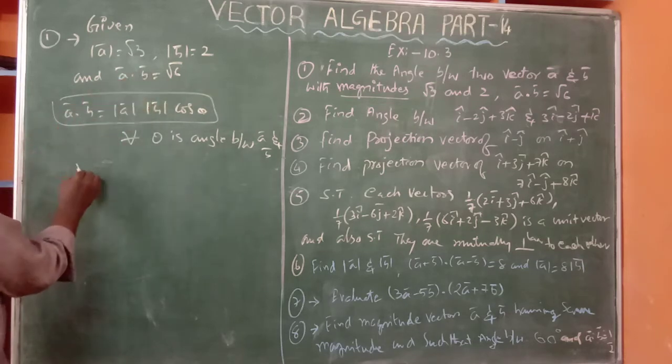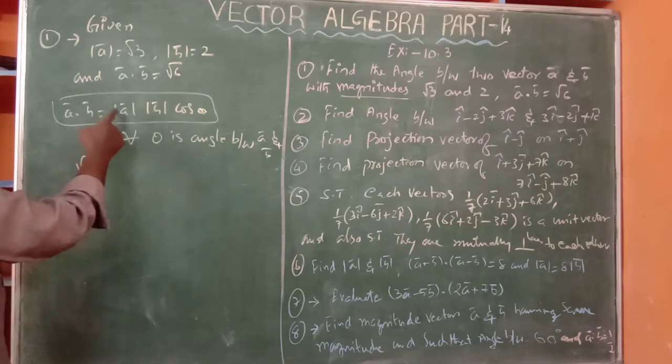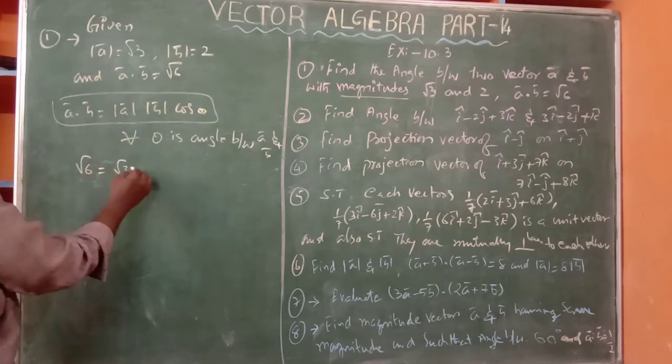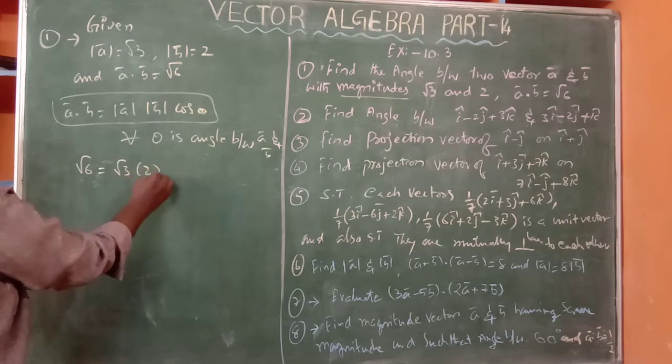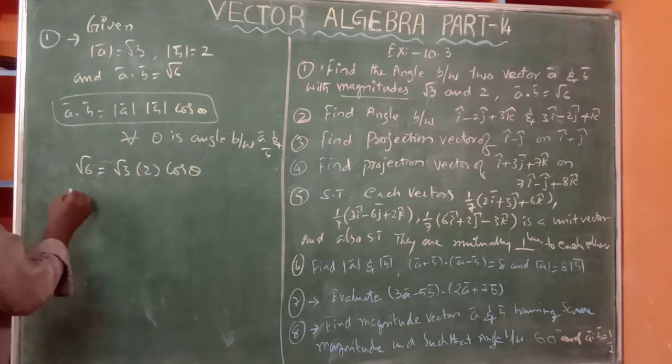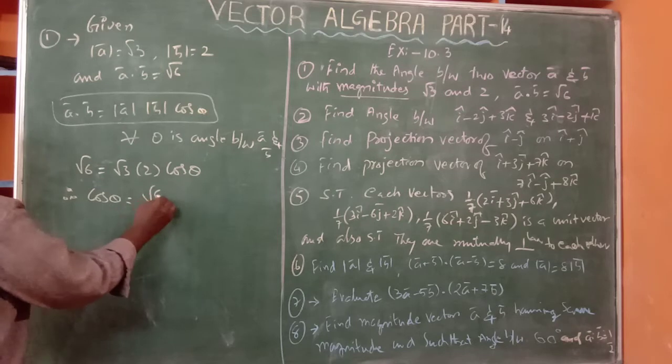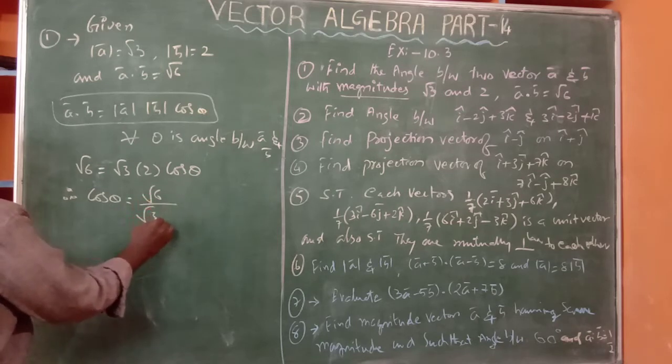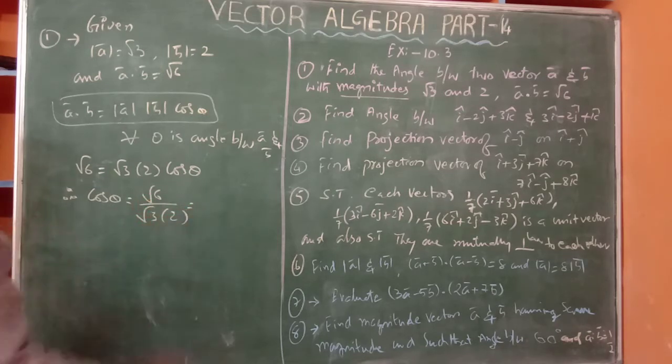A bar dot B bar is root 6. Mod A bar is equal to root 3. Mod B bar is equal to 2. And it is cos theta. Therefore, cos theta is equal to root 6 by root 3 into 2.